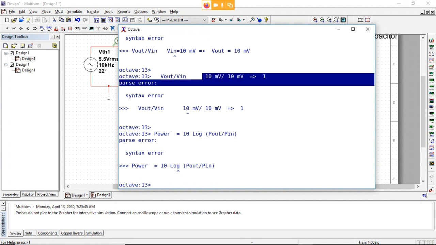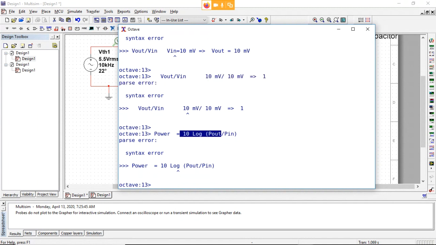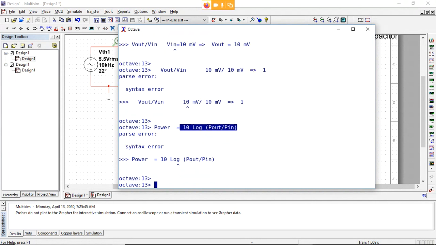However, we're dealing with voltages here, but decibels is defined as power. So remember that power is voltage times current. But we know that current I, using Ohm's law, is the voltage divided by the resistance.